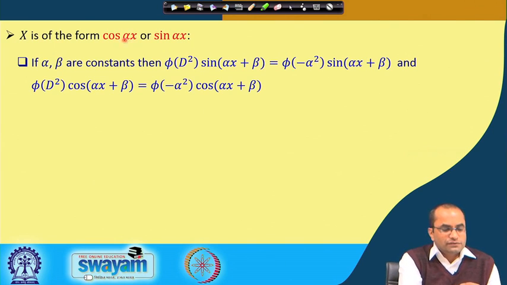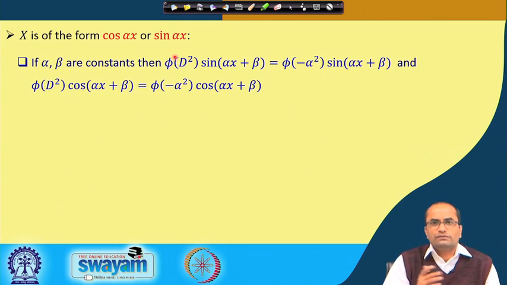To derive this result, we first look at this small result: if alpha and beta are constants, then phi of D square, here a function of the operator D square. If it is not given in D square, for example in our differential equation, we will try to rewrite it as D square.